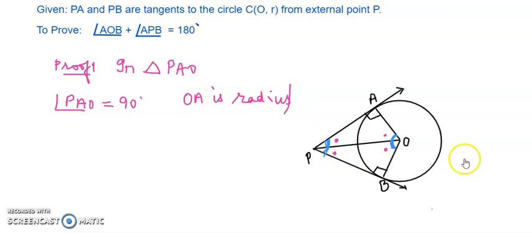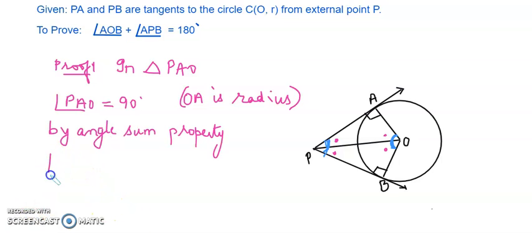Now we are going to apply the next one, that is angle sum property. So by angle sum property, we are saying OPA plus POA plus PAO is equal to 180, the three angles of this triangle.